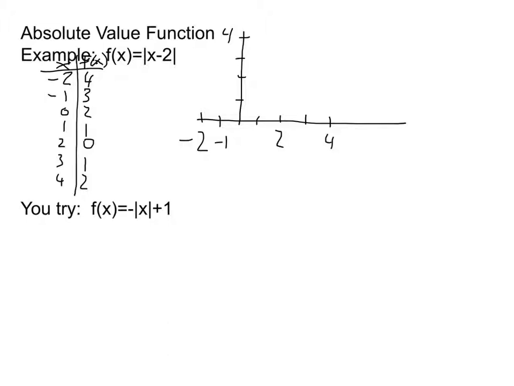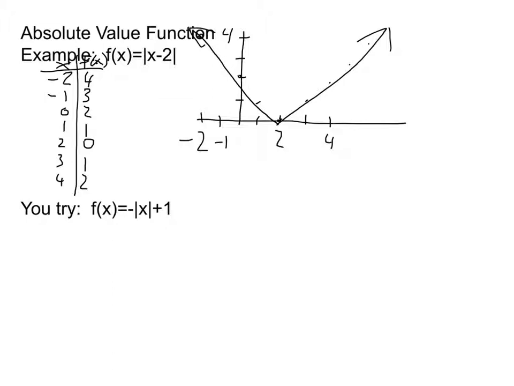Okay, so -2 is at 4, -1's at 3, 0's at 2, 1's at 1, 2 is at 0, then 1, then 2, and if I was to continue this, it would go back up to 4. So the absolute value function forms what looks like a V. Oh, I missed a little there. But that's what the absolute value function looks like, and it's shifted 2 to the right. Normally the regular parent function, the absolute value of x, hits the origin and makes a V there, but that -2 shifts it to the right 2.